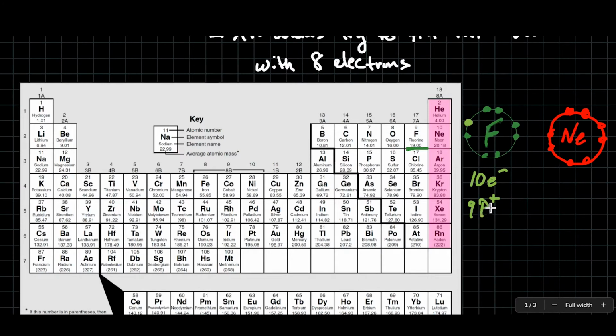And now we have an imbalance of charge. We have more electrons than protons, so 9 protons minus 10 electrons equals 1 extra electron, right? So it's going to have a -1 charge. It has 1 extra electron, so it has a -1 charge, and so we write this as F minus.